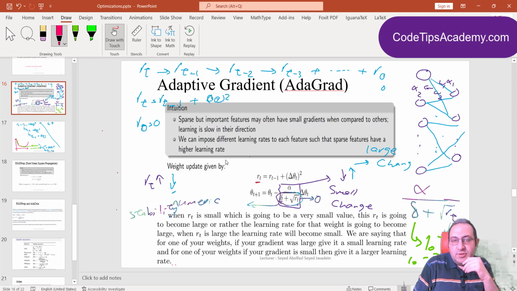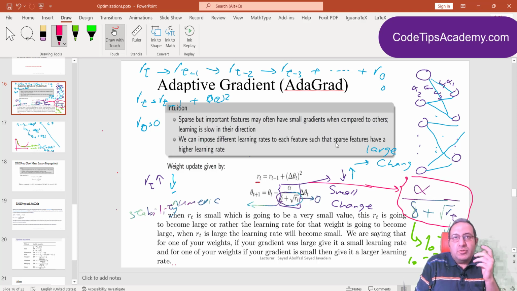And when RT is larger and larger, this division will be shorter and shorter. After some time we have a very short number here. What does this mean?